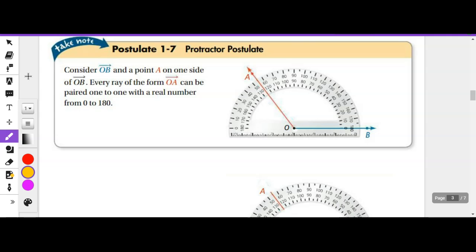Postulate 1.7 is the protractor postulate, which is very similar to the ruler postulate that we learned earlier. We have ray OB and a point A on one side. Ray OA just means that there's a number on the protractor no matter what our angle is.